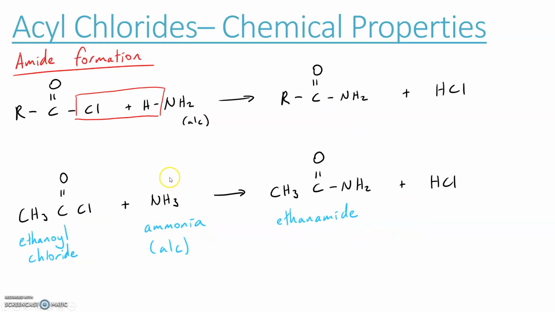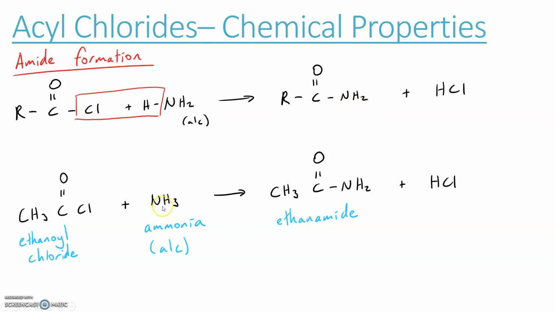Okay, to form an amide, in this case we're just reacting with straight ammonia in alcoholic conditions. So we take an acid chloride, we react with ammonia, and we get HCl as a byproduct, and the NH2 joins the acid chloride to form an amide. In this case, this is a primary amide.